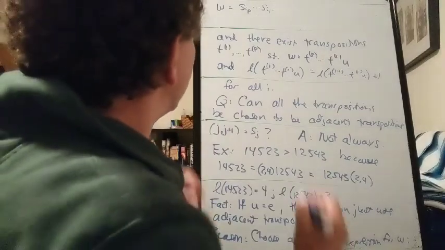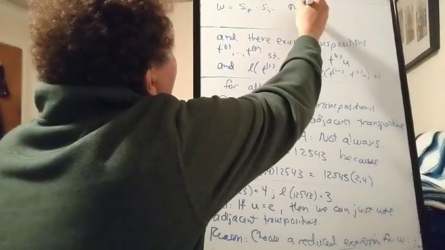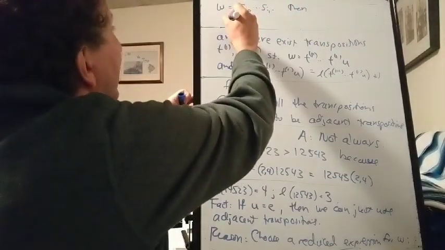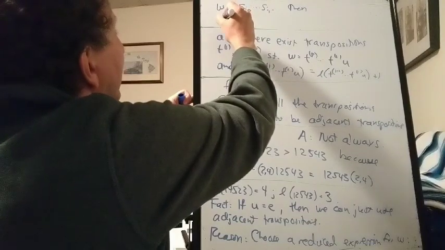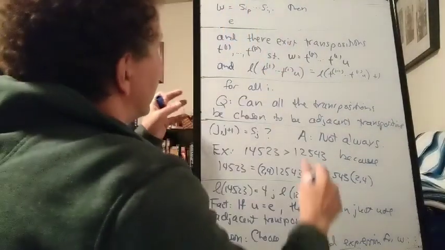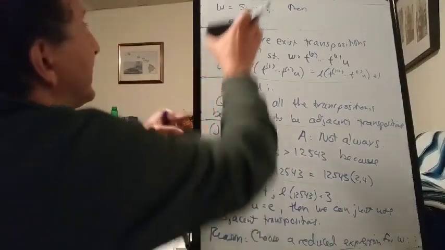U is the identity. Then we have W equals this times the identity.